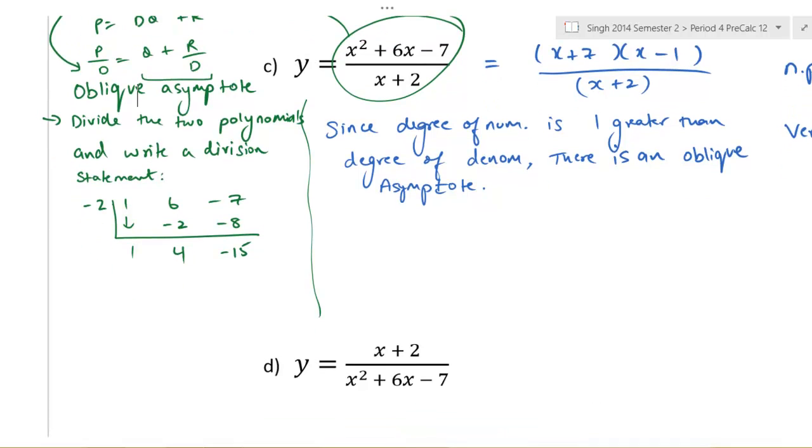So what my division statement is going to look like is this. I'll leave the left hand side as it is, and I'll get the following statement. Polynomial divided by the divisor equals the quotient, which is by itself, so the quotient is going to be this part right here. So x plus 4, and then minus remainder divided by the divisor, so 15 over x plus 2.